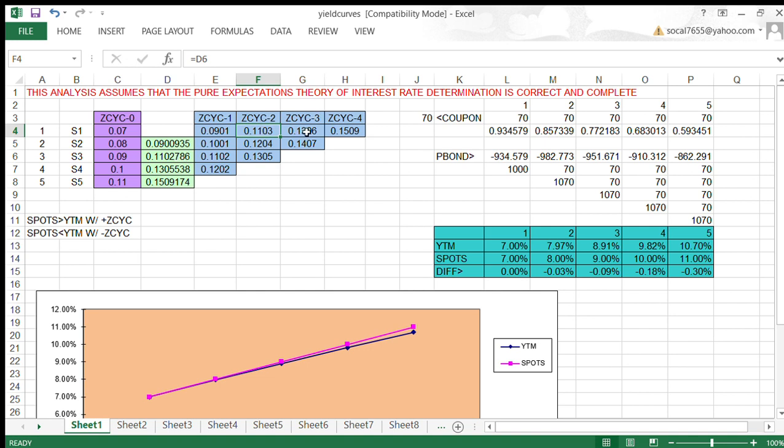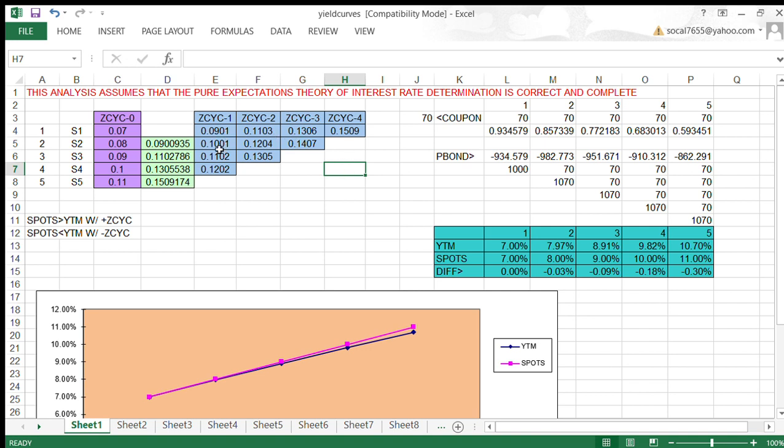In fact, the expected 1 period spot rate at date 3 is the forward rate over the fourth period, and the 1 period spot rate expected to be in existence at date 4 is just F5. And that is what we mean when we say the pure expectations theory of interest rate determination is correct and complete: that we can just take these forward rates and assume that they are the 1 period spot rates at date 1, date 2, date 3, and date 4. That's what that means.